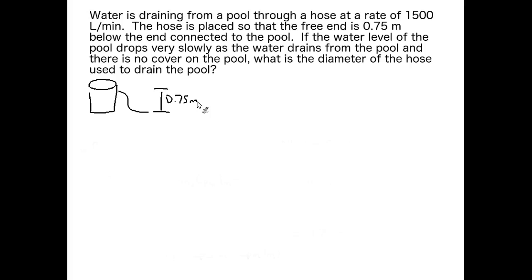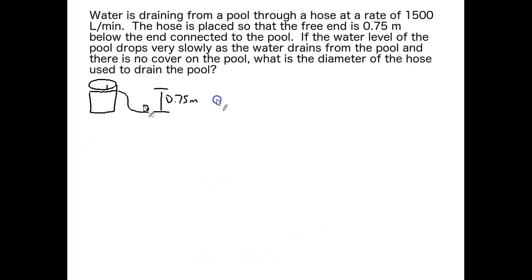And we're also given information about what happens at the exit of the hose. So it's a really good idea to set points 1 and 2 at those places because that's where we have information. We're going to set point 1 at the water level of the pool, so right there, and we will set point 2 right here at the end of the hose.